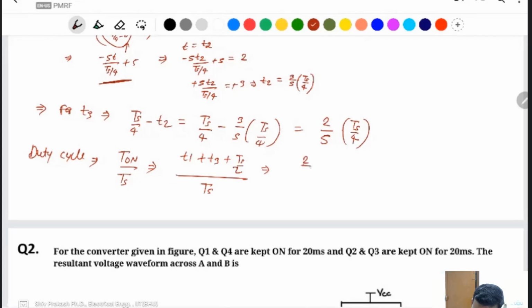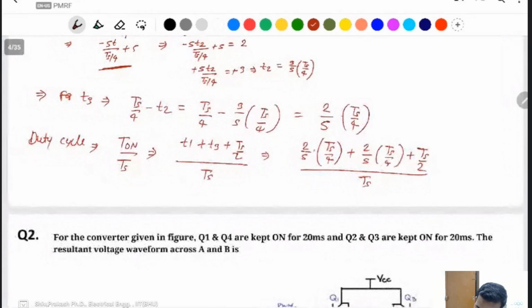T1 is 2 by 5 into Ts by 4, plus T3, the same 2 by 5 into Ts by 4, plus Ts by 2, divided by the total time period. Ts cancels out, 2 by 5 plus 2 by 5 is 4 by 5... the total is 7 by 10, equal to 0.7 duty cycle. Is that okay, everyone?